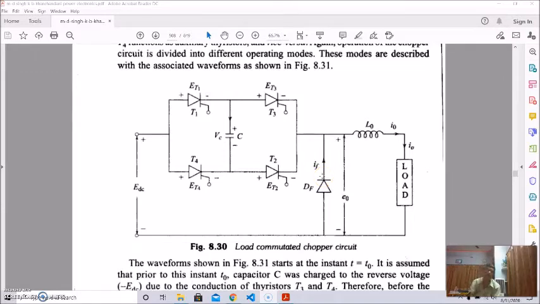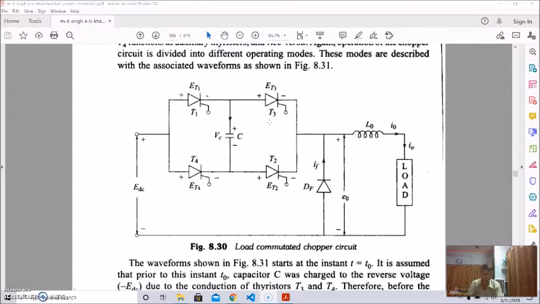So there is no need of separate auxiliary thyristors for commutating purpose, which we have seen in the current commutated or voltage commutated chopper. In a load commutated chopper, when one pair is allowing the current through the load, the other pair takes the role of auxiliary or commutating thyristor, and this is vice versa.